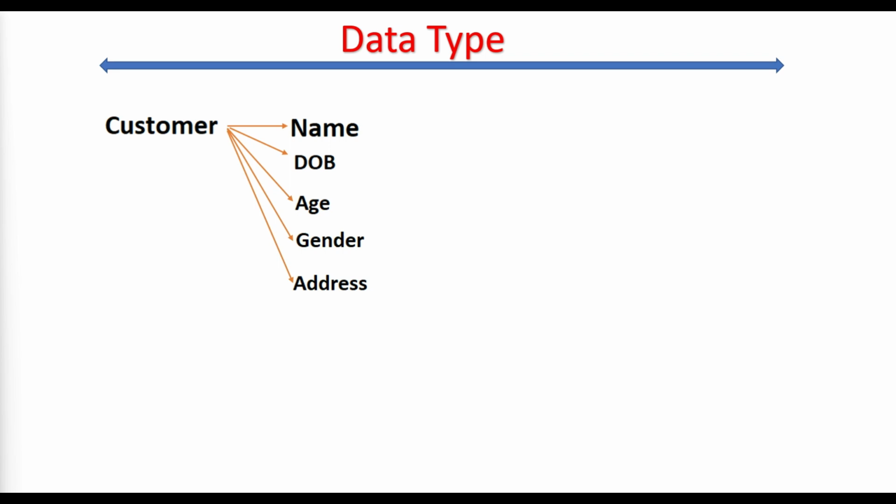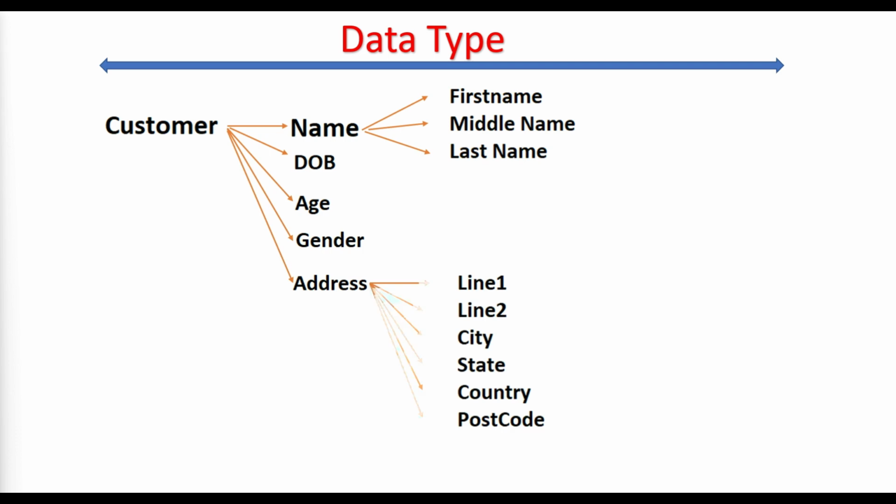In the name there is a chance that the customer can have first name, middle name and last name, and in the address the customer can have line 1, line 2, city, state, country, and postcode, isn't it? Now over here, name is an object which will have first name, middle name, and last name, and address is an object which will have line 1, line 2, until postcode.